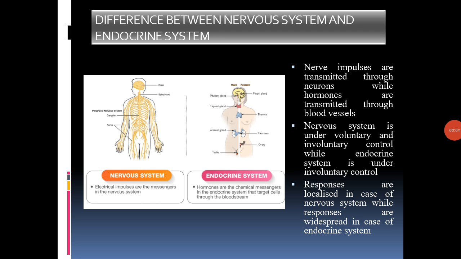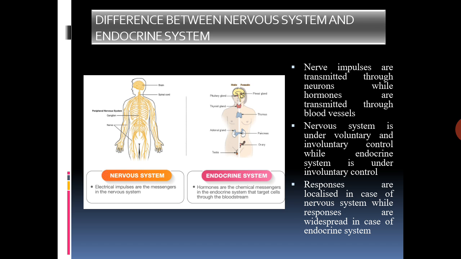Both nervous system and endocrine systems are the basic systems that regulate the biological processes inside an organism, but through different means of passing signals. The basic differences between them regarding mode of action is: in the nervous system, electrical impulses are the messengers.